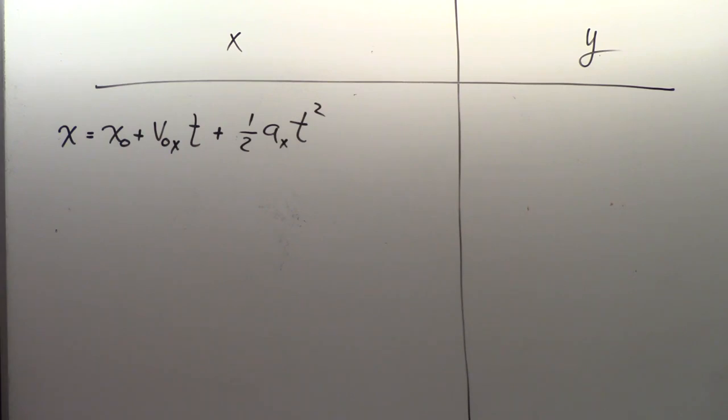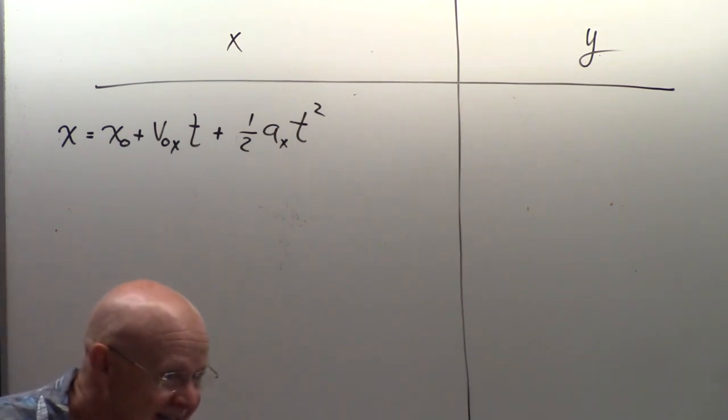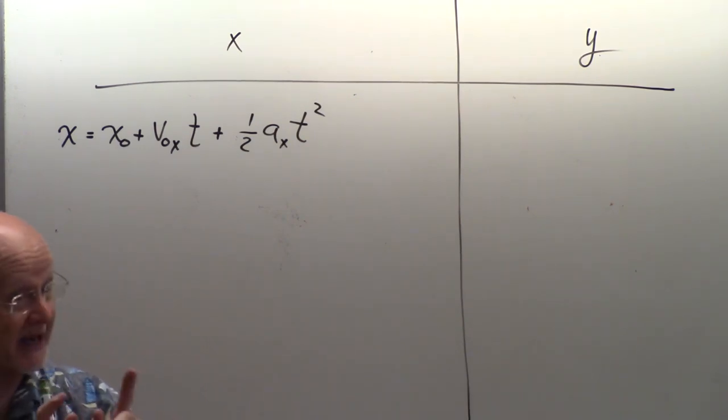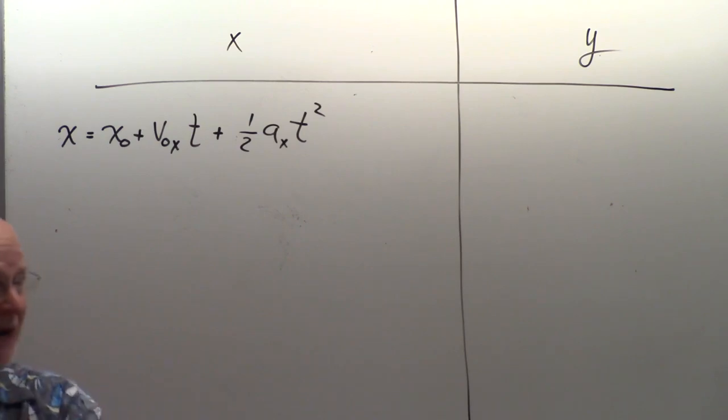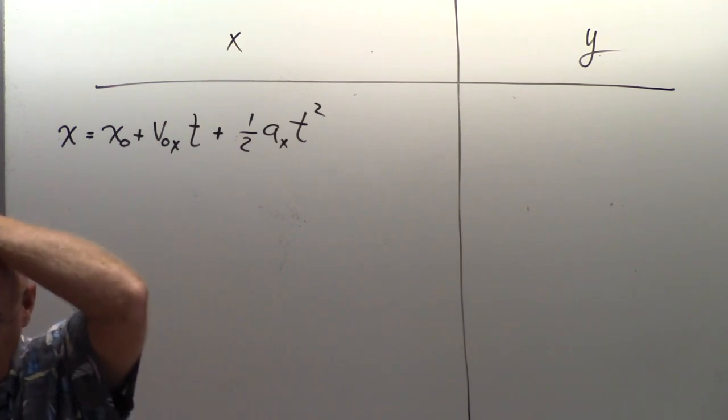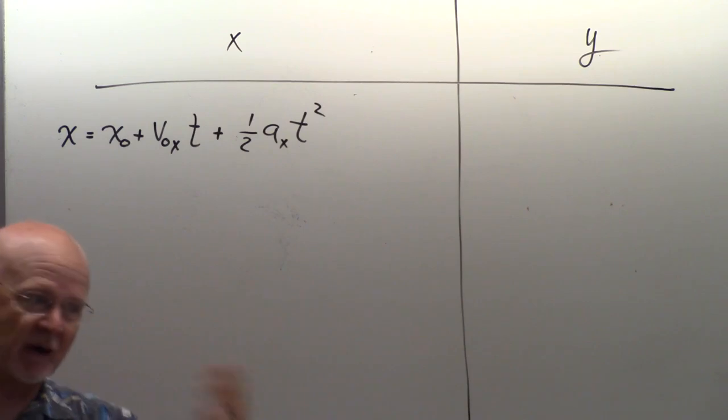What's the acceleration? Negative 9.8 in the y direction. Because what is it in the x direction? 0. See, I need to say that twice now. Last chapter when I asked what's the acceleration, there was only one answer. But now I've got to give you 2 answers because there's one for x, one for y.